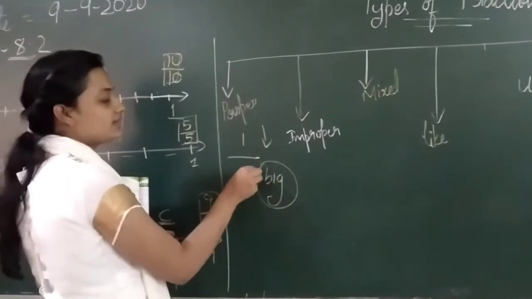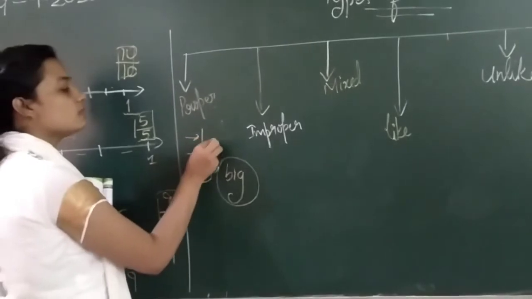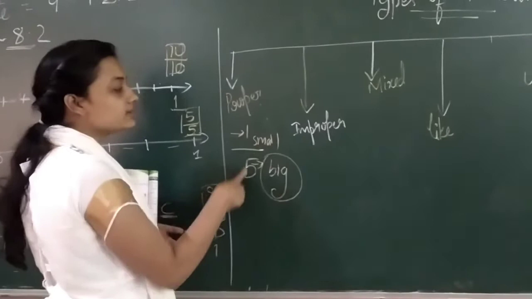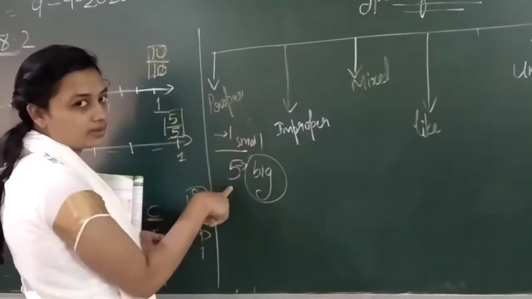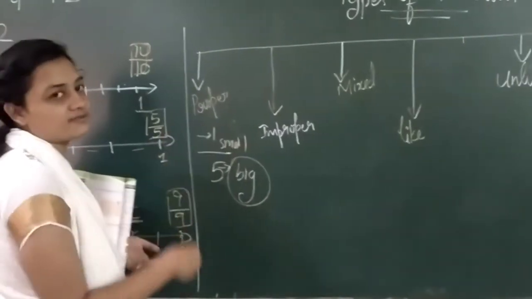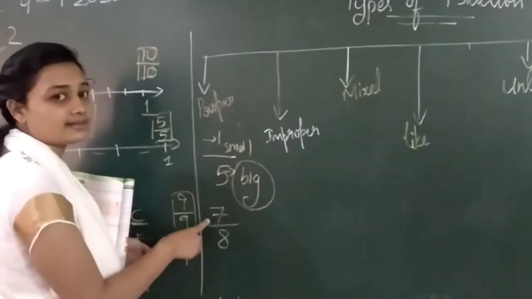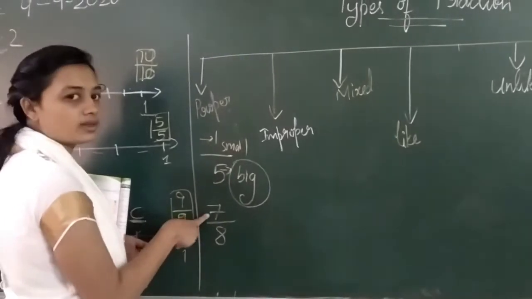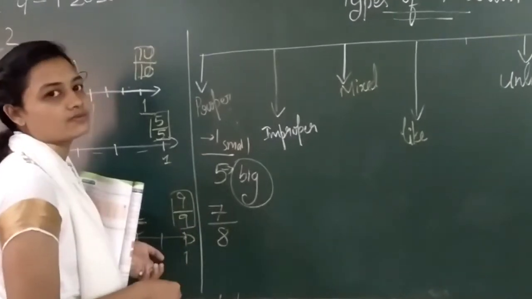My numerator should be smaller than my denominator. When I check the numbers, my numerator should be smaller than my denominator. That type of fraction is called proper fraction. What if I have an example here? Is it a proper fraction? Yes, it is a proper fraction because my numerator is smaller than my denominator.